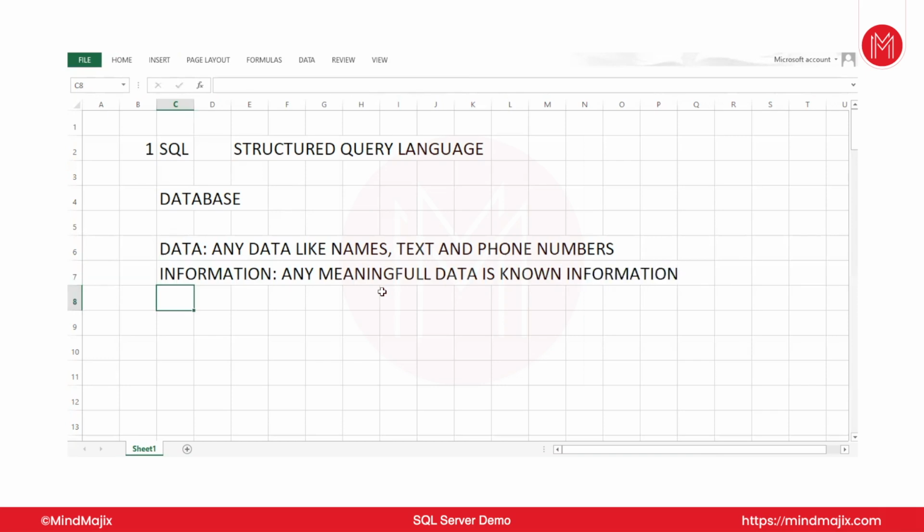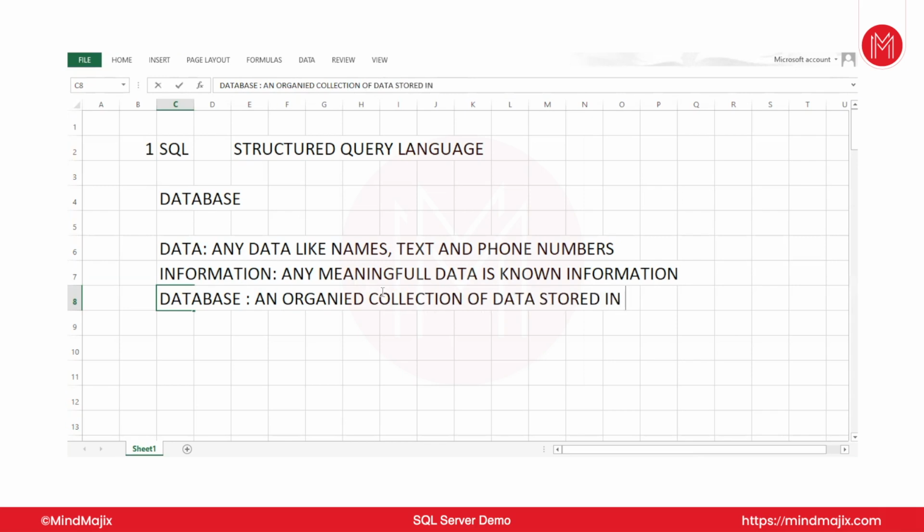So again, we may get a doubt, what is a database? As I said, a database is an organized collection of data stored in an electronic format. What does data mean?